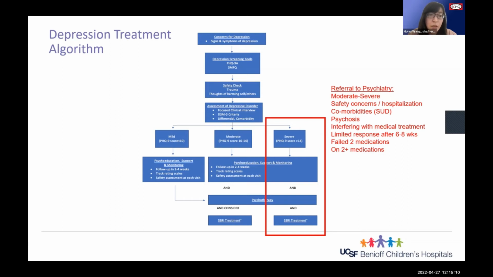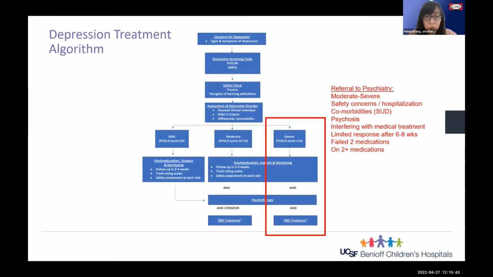And really the rule of thumb is to follow up with them in 2 to 4 weeks, continue to track the rating scales, track the PHQ-9 and other rating scales that you might also want to collect in another month, and then do a safety assessment at each visit to see if they have any new suicidality or any thought of hurting themselves.